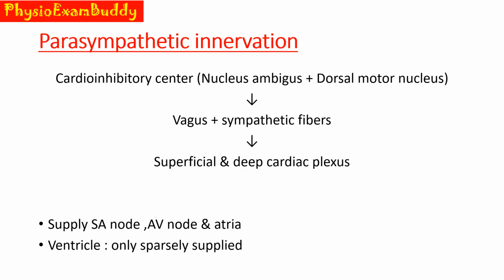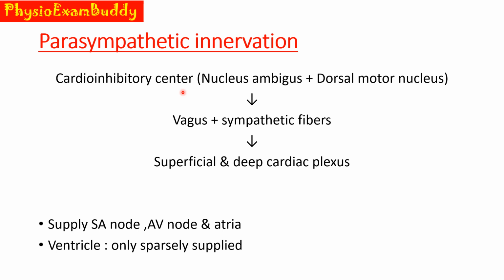Next, the parasympathetic innervation. The parasympathetic output to the heart is mainly through the vagus, and it mainly comes from our cardio inhibitory center, that is the nucleus ambiguus as well as the dorsal motor nucleus.